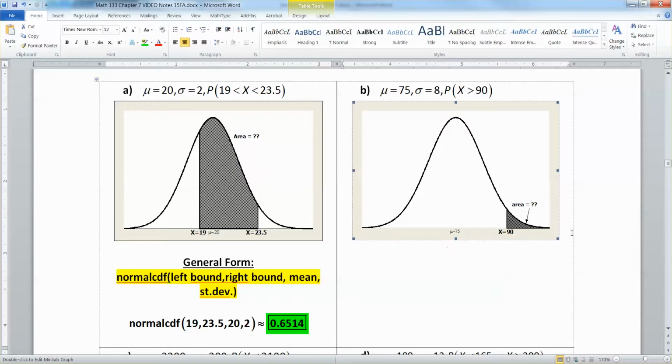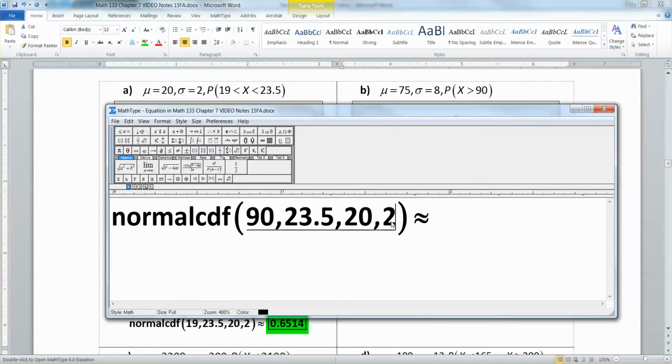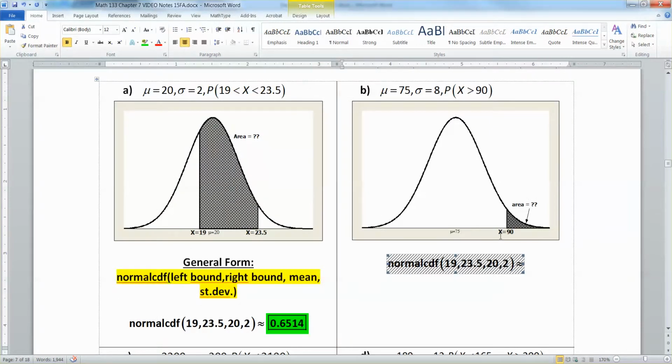Okay, so again, I'm going to need normal CDF, and it's just a question of what to what. So the left-hand edge of what I've shaded is where that vertical bar is at 90. So that's pretty easy. It's 90. I know that the mean and the standard deviation, while I'm on the subject, are 75 and 8. The question is, what's the right-hand edge? Well, actually, there's a couple of questions.